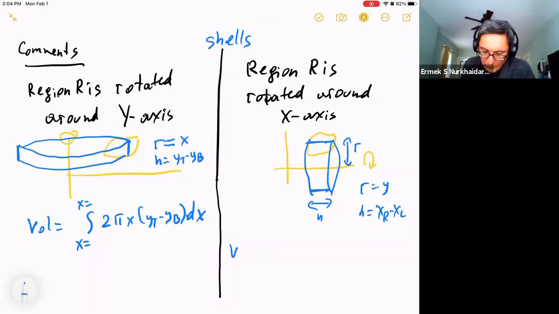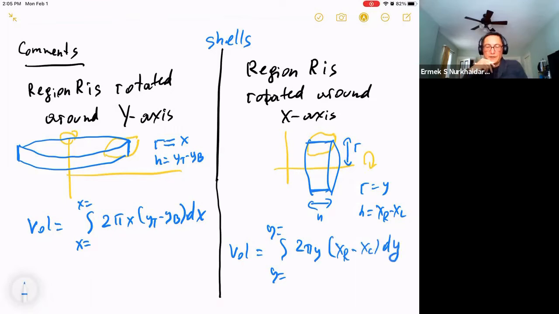So we have volume equals, y equals, 2 pi y, x right minus x left, dy. Okay, so two cases, two major cases. When we're rotating around the y-axis, we're going to get dx. When we're rotating around the x-axis, we're going to get dy.